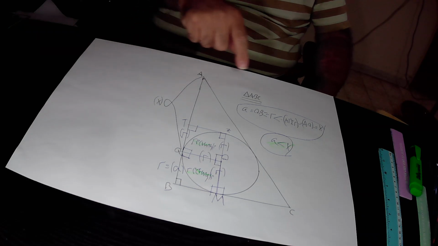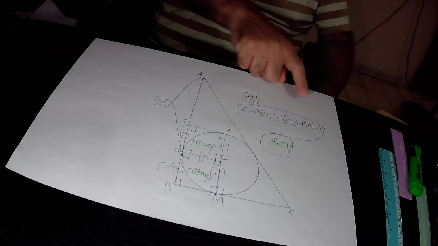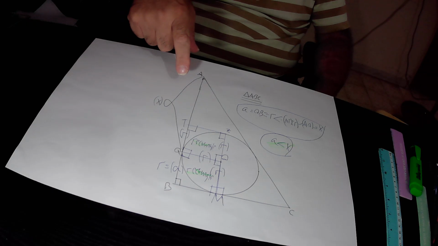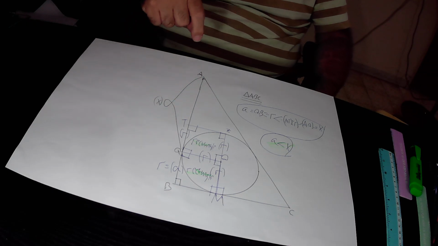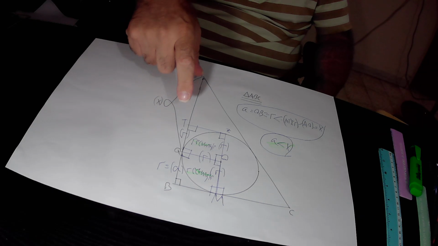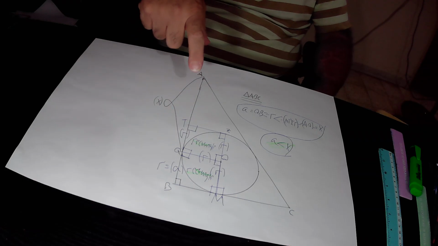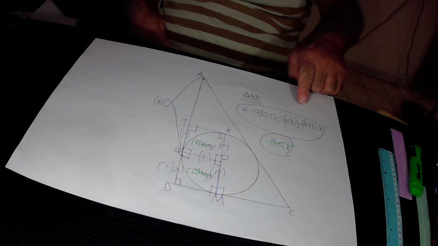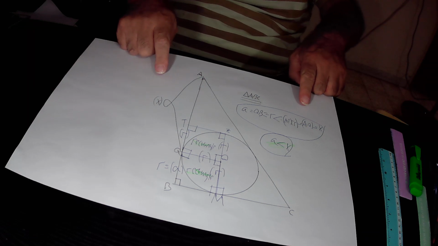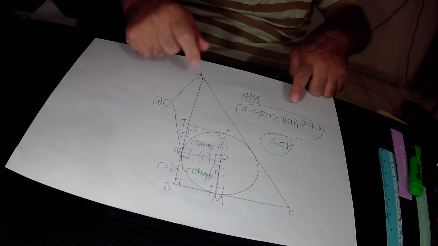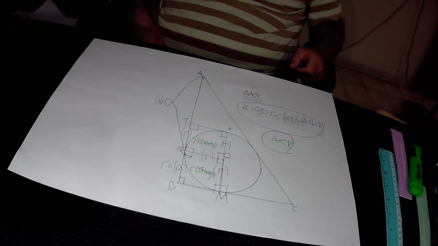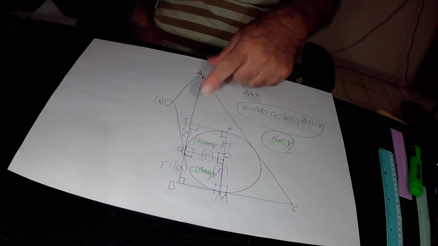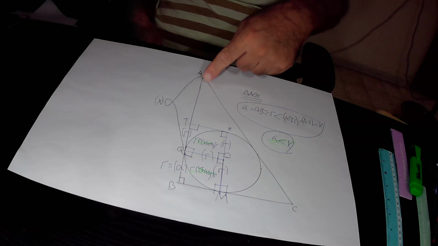AQ equals X, but AQ also equals AT plus TQ. TQ is R, so in total AQ equals AT plus R. So from one side AQ equals X, but from the other side AQ also equals AT plus R. AT is a positive number because it is a length.